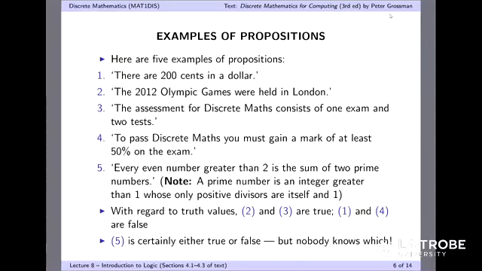So all of these five are propositions. Two of them are true, two of them are false, one we don't know, but we believe it's either true or false. That's a proposition. Can you give me an example of things which are not propositions?